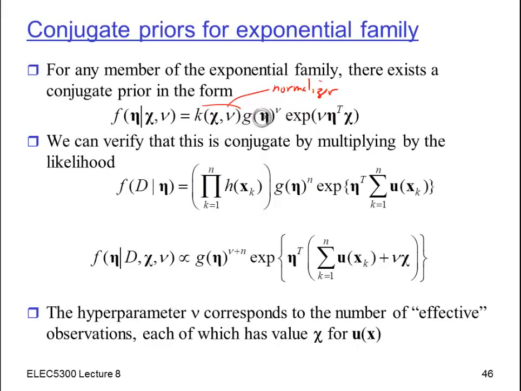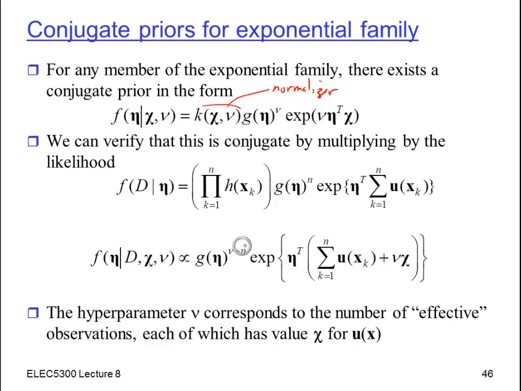So here I get g of eta to the n plus nu, times the exponential of eta transpose times the quantity xi plus the summation of u of x_k.